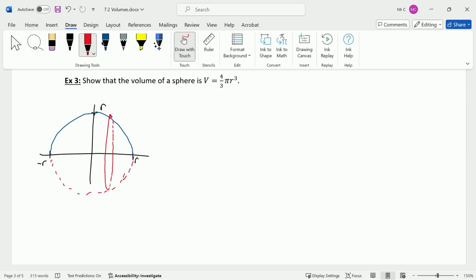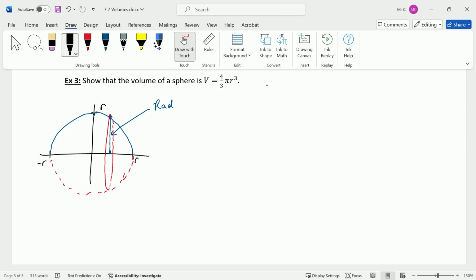The trick is to figure out what the radius of each disk is, because notice the radius of this disk, which we'll write as rad, the radius of the disk is not the radius of the circle. It's actually shorter in this case, for this particular disk that I took, and it's a function of x. So we've got to figure out how to write this function.